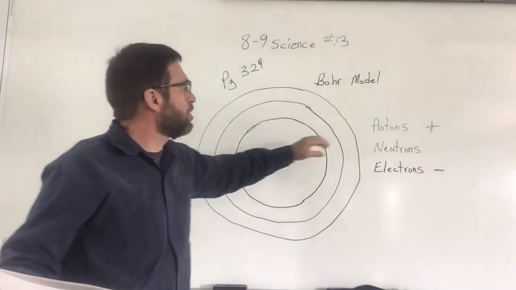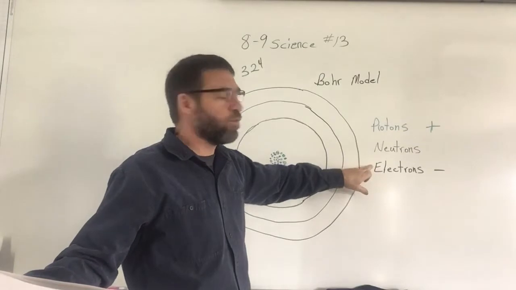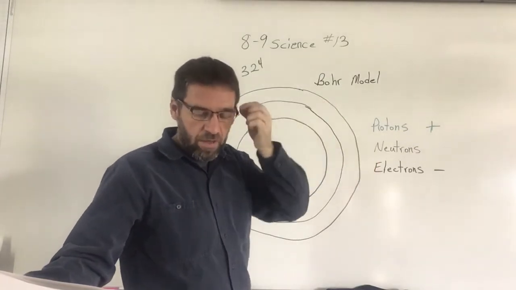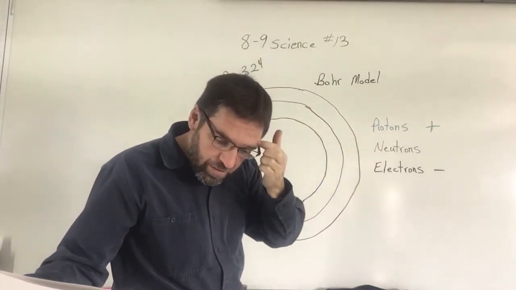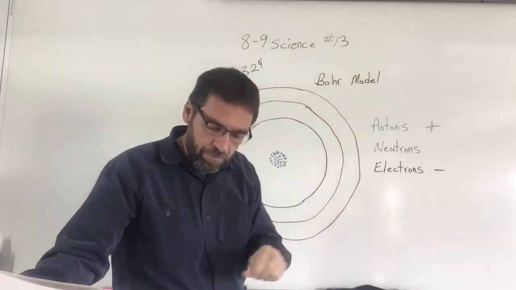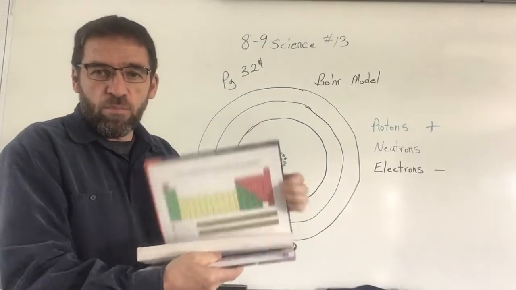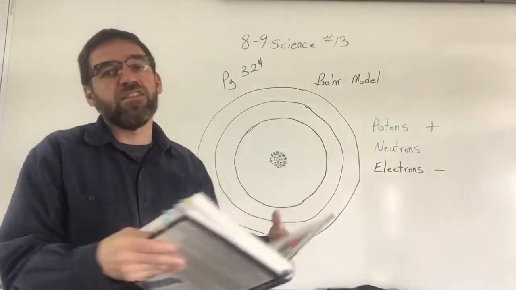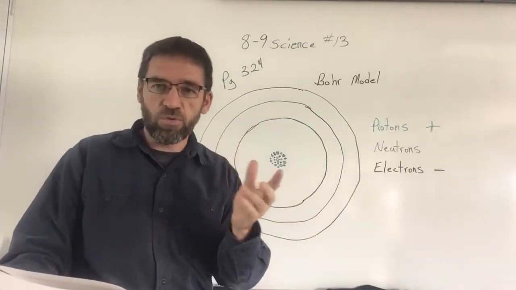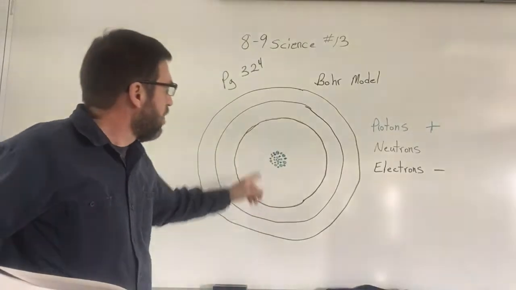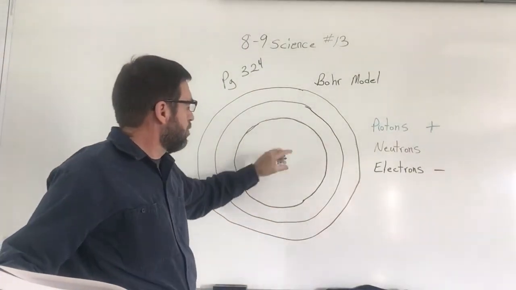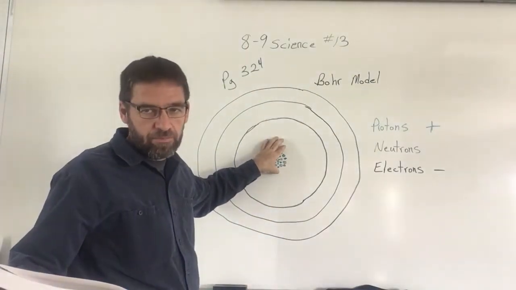Your top number is going to be the number of protons and the number of electrons. That's the same. And then your mass number is that little number down at the bottom of your boxes. A lot of times it's a decimal. It's not even a complete number. That is the mass number, the number of these guys added up.